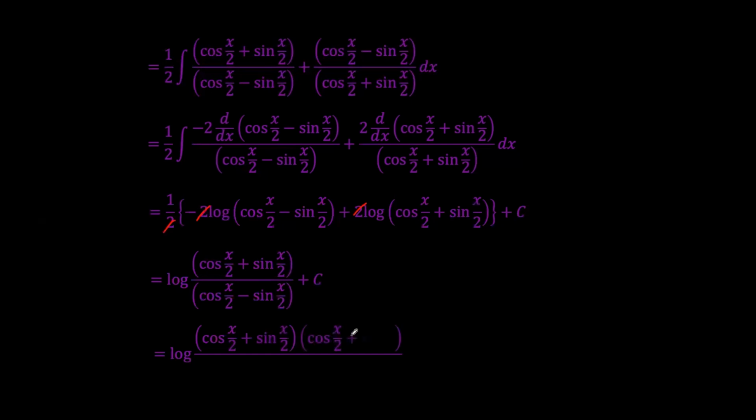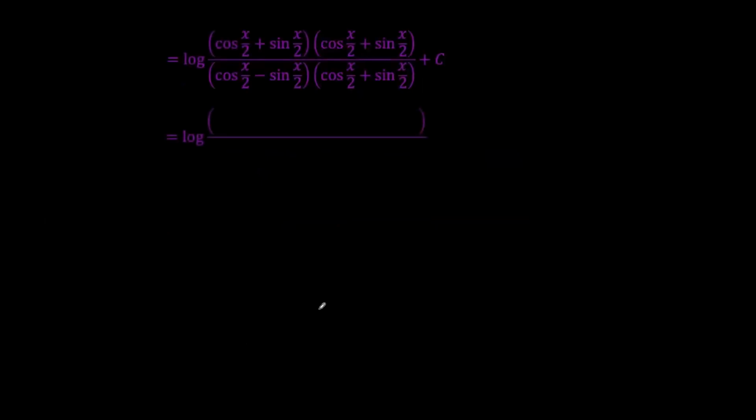Just multiplying by the same thing, so that this would cancel out, but still giving you the same thing. So what this leads to is cosine squared x over 2 plus 2 sine x over 2 cosine x over 2 plus sine squared x over 2, divided by cosine squared x over 2 minus sine squared x over 2, because this is just the difference of two squares.